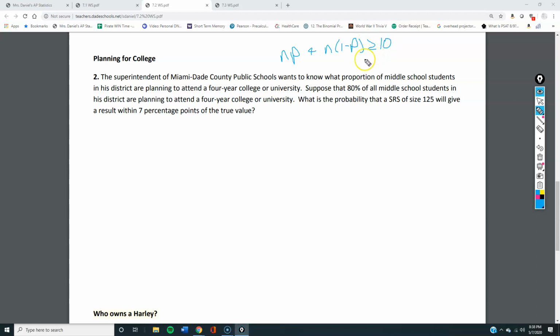You can take my word for it, because 0.8 times 125 is definitely bigger than 10, and 0.2 times 125 is definitely bigger than 10. So it's normal. Because I know this is normal, I can use normalcdf to find a probability. So within 7 percentage points of the true value, which we know is 8.8%, right? So I'm going to do normalcdf.